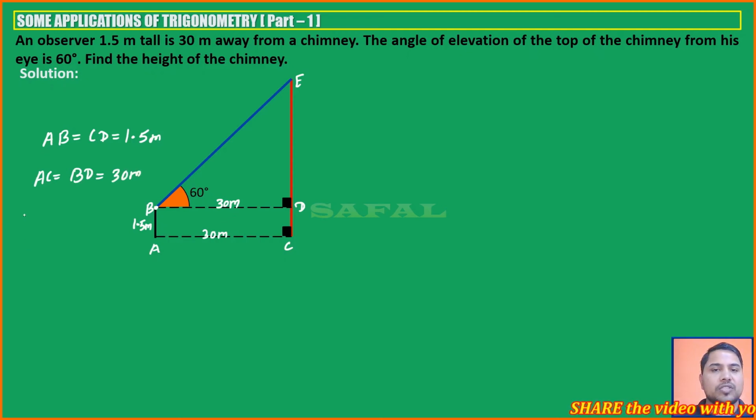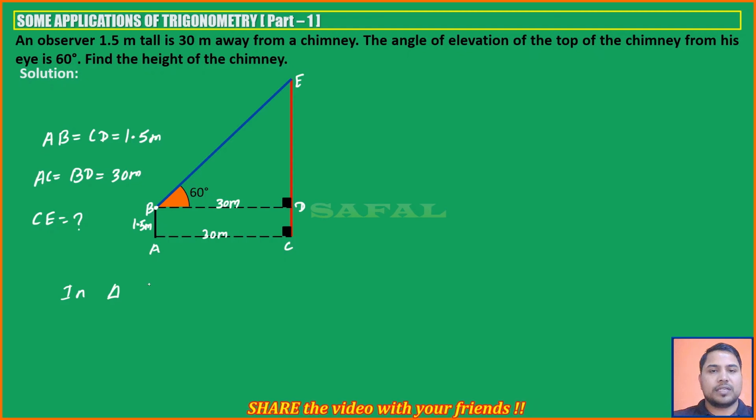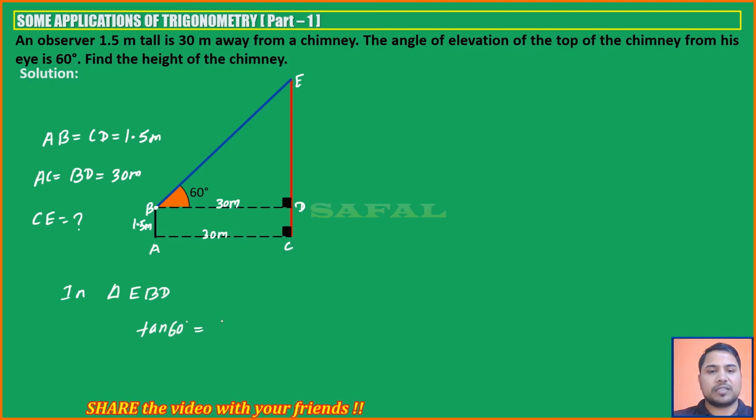Now what is asked of us is CE. That is only the chimney. So if we can find DE, we can add DE to CD to get the height of the chimney. So I'll write, in triangle EBD, I can see that tan 60 degree equals opposite, that means ED, by adjacent, that is BD.